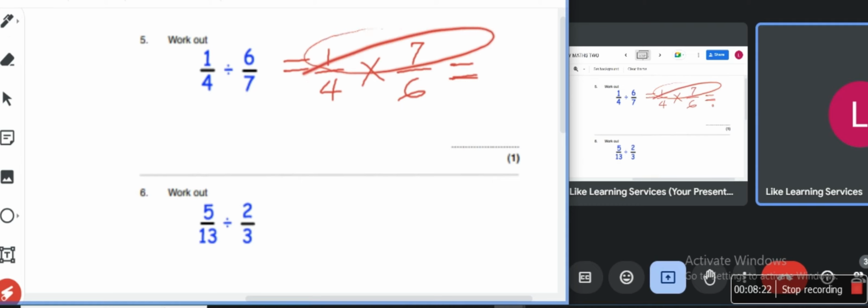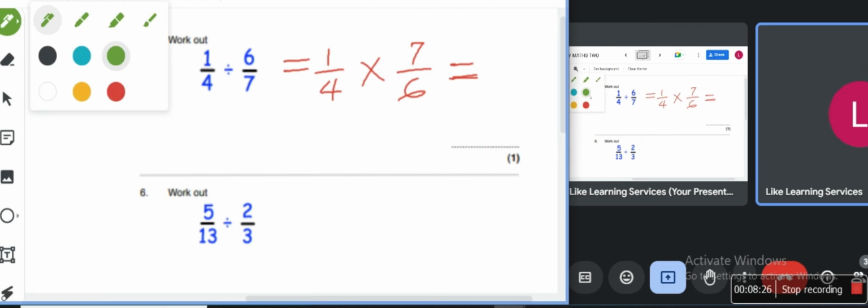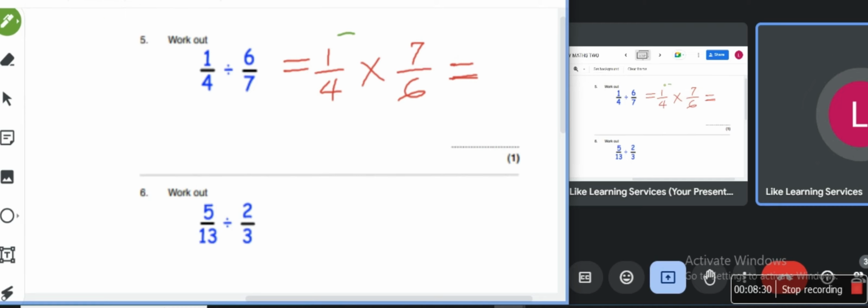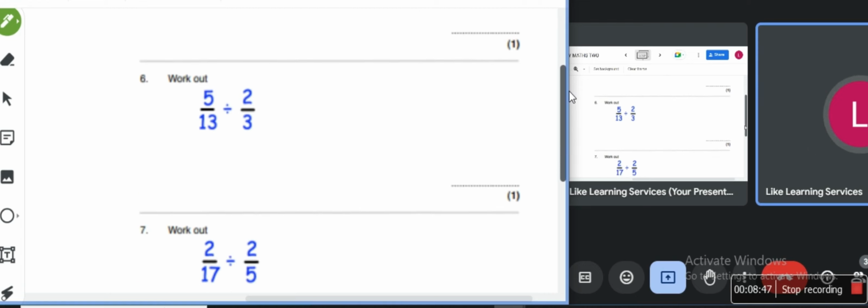Be careful. 1 divided by 6. Are you dividing? You said there's nothing that can cross out, so multiply out quickly. 7 over 24. 7 over 24.